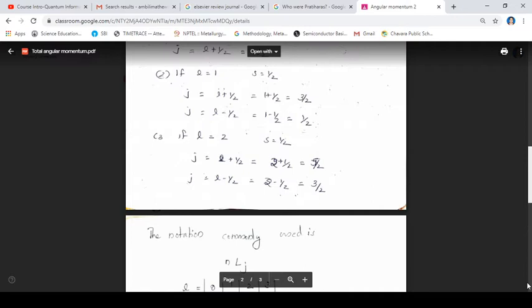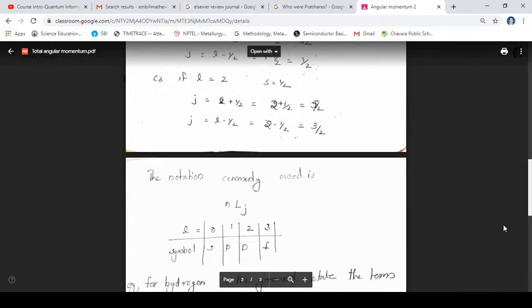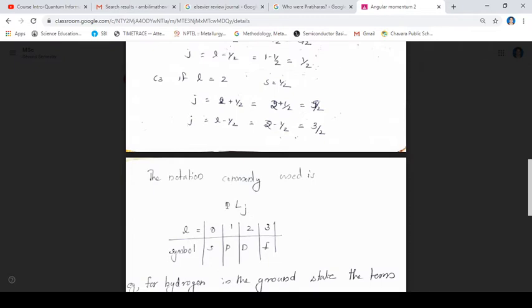Now, in order to represent the state of an electron, usually the term symbol or notation used is n capital L subscript J. n stands for the principal quantum number, capital L corresponds to the value of the orbital quantum number small l, and J is the total angular momentum.